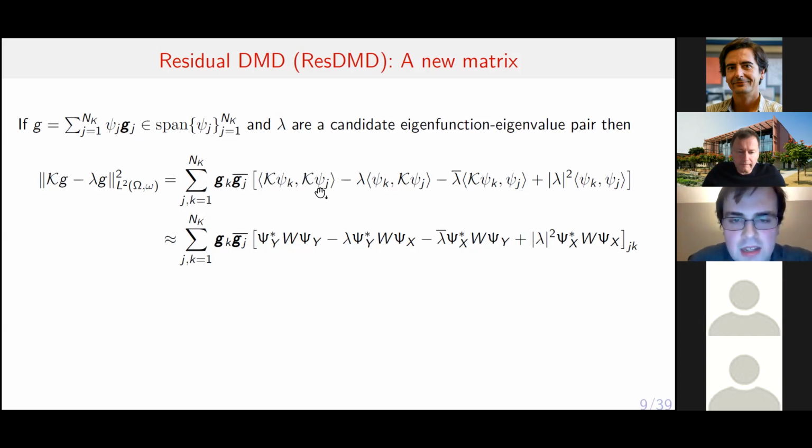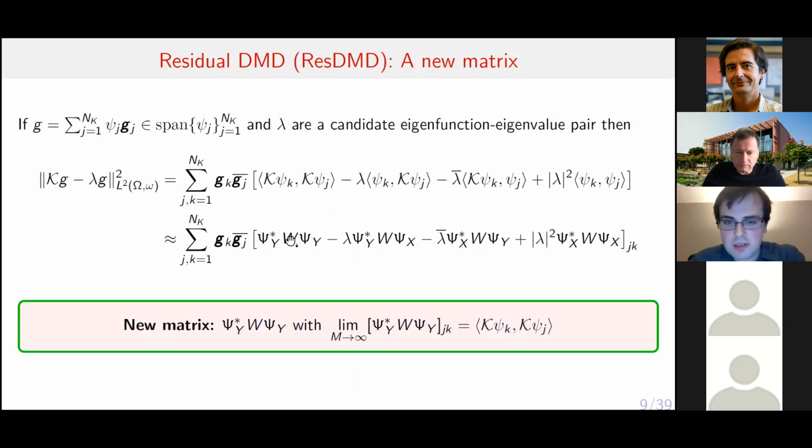You can approximate this double inner product using psi y, so psi y w psi y. Remember, we previously had this matrix here and this matrix. So now we have this additional matrix. And again, you can show that in the large data limit, this will converge to this inner product here. So we have a way of computing residuals, hence the name.